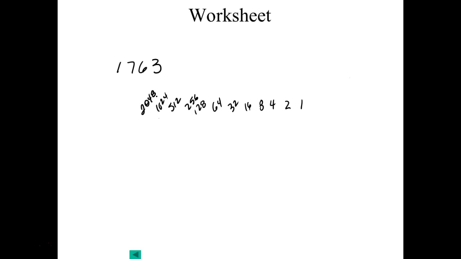I know this is going to be an odd number, so I know I better subtract all the way down to here, and by the time I get there, it better be 1. If you get down to that 2 to the 0 bit and you still have to do more subtraction on a whole number, then you screwed up somewhere. So I'll never use this bit right here. I just made sure I had enough.